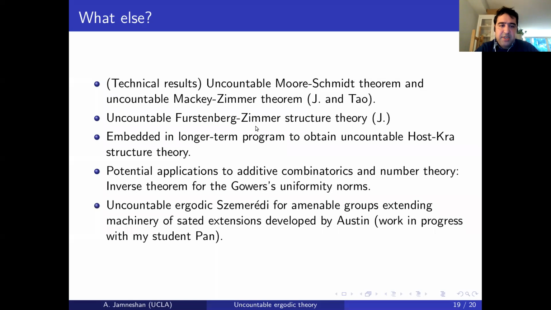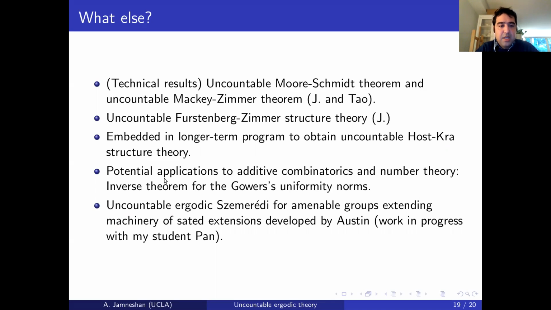So one potential application of this whole program, once it's done, is that one could recover the inverse theorem for the Gowers uniformity norms in additive combinatorics from it, which, for instance, was used to count the number of arithmetic progressions in primes.